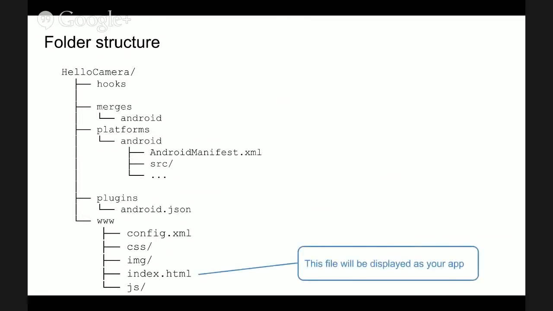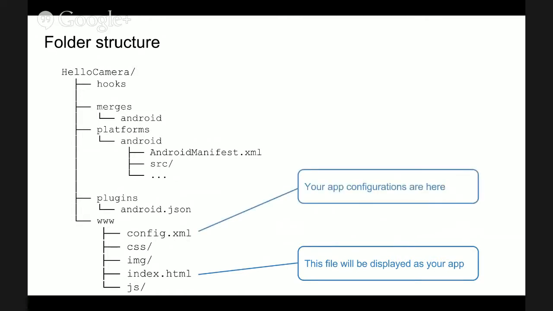The index HTML file will be displayed as your application. The config XML file is an important file. It should be edited to modify your application metadata, such as application name or version.